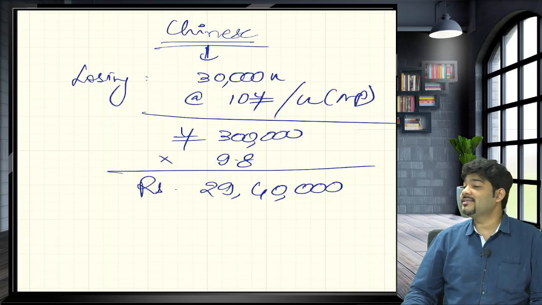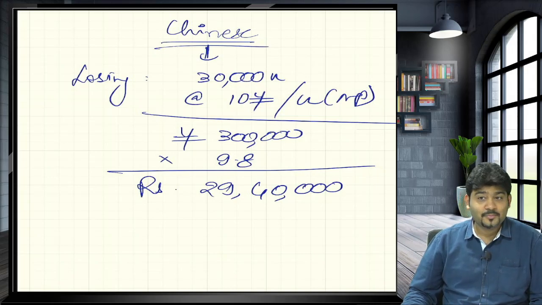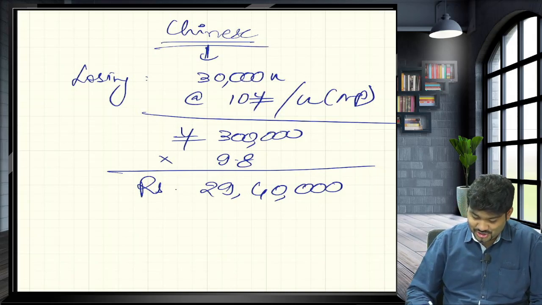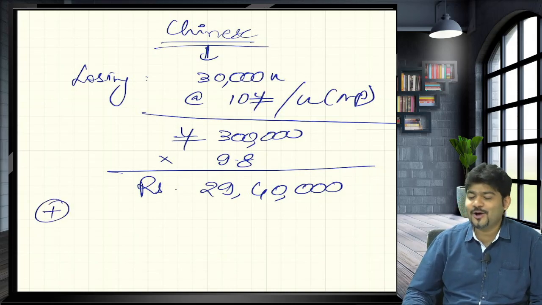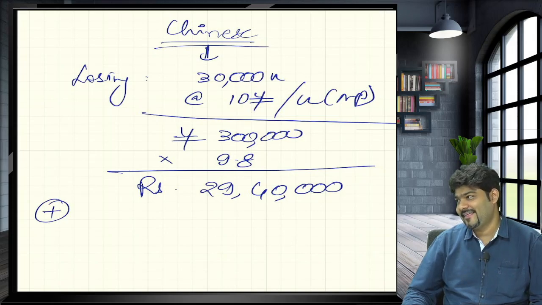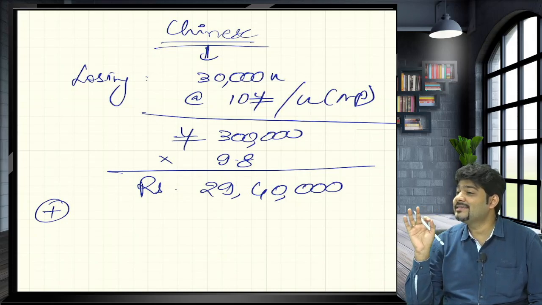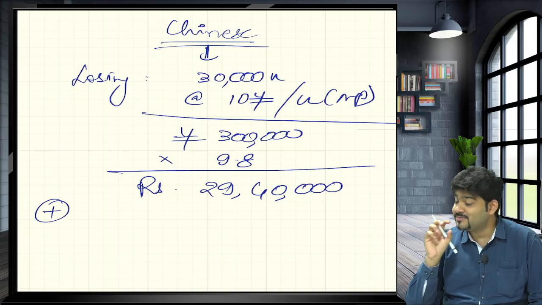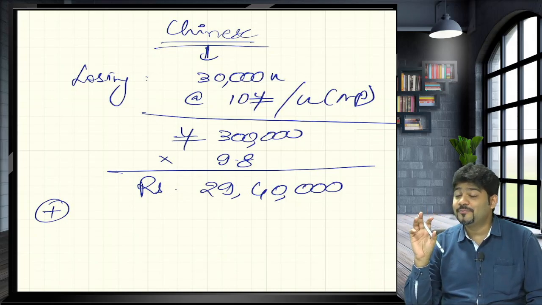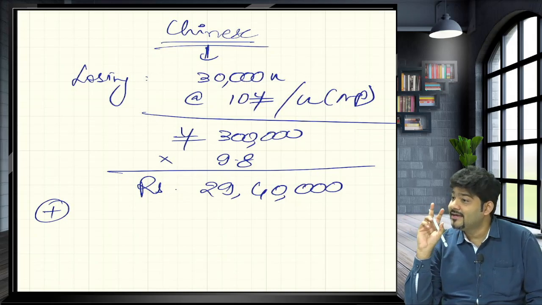Previously, sir, inland taxes were not paid by us, but now we have to pay inland taxes also. How much? 10%. They have given that inland taxes are to be paid on the sales value. What is the sales value? 1,20,000 units multiplied by 30 yen, multiplied by 10%.